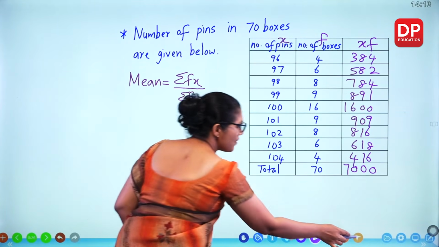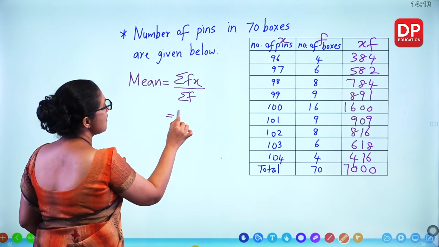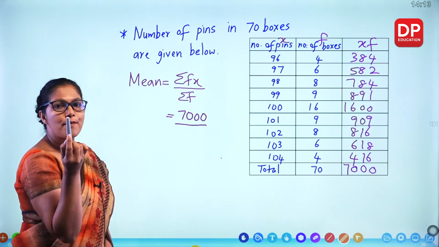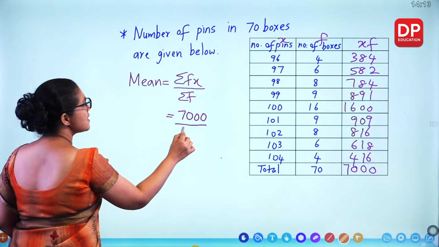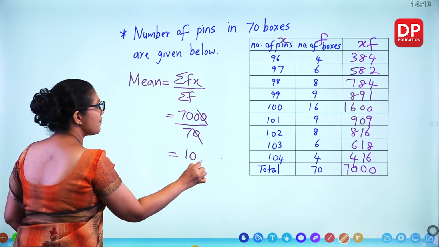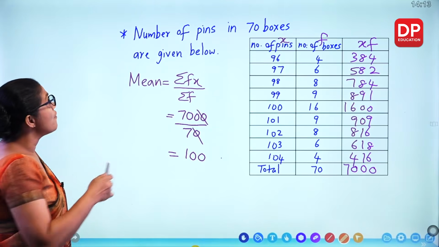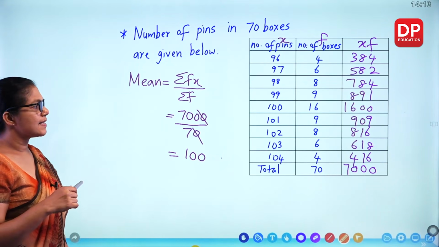Average value is sigma fx, that's 7,000, divided by the number of boxes. The total sigma f is 70. So when you divide, you get 100. So the average number of pins in a box is 100 pins.